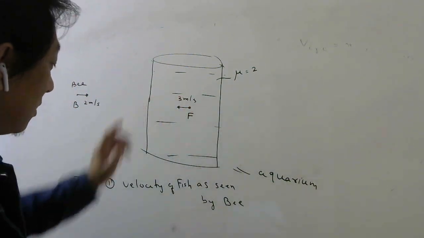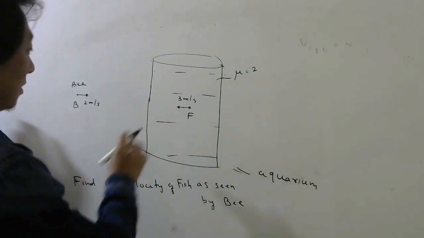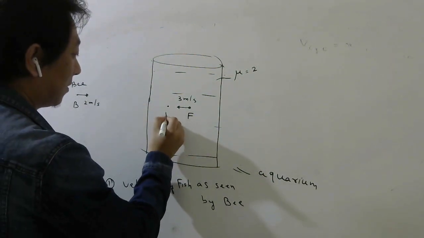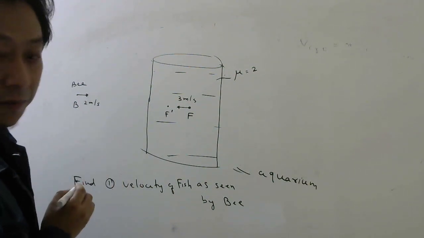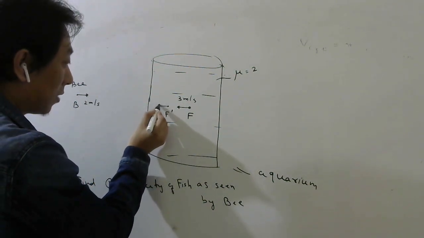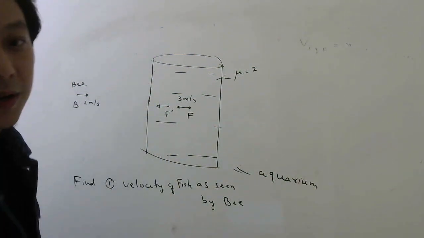But since water is there, when the bee will observe the fish, he will not see the fish here, he will see the fish here. It is the image of fish, correct? So we want this velocity. What is the velocity of the image of fish as seen by the bird? Understood?